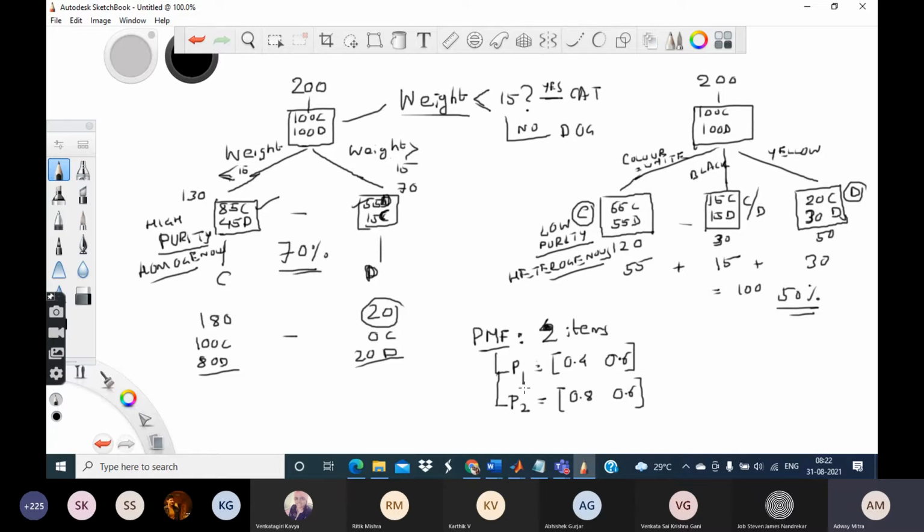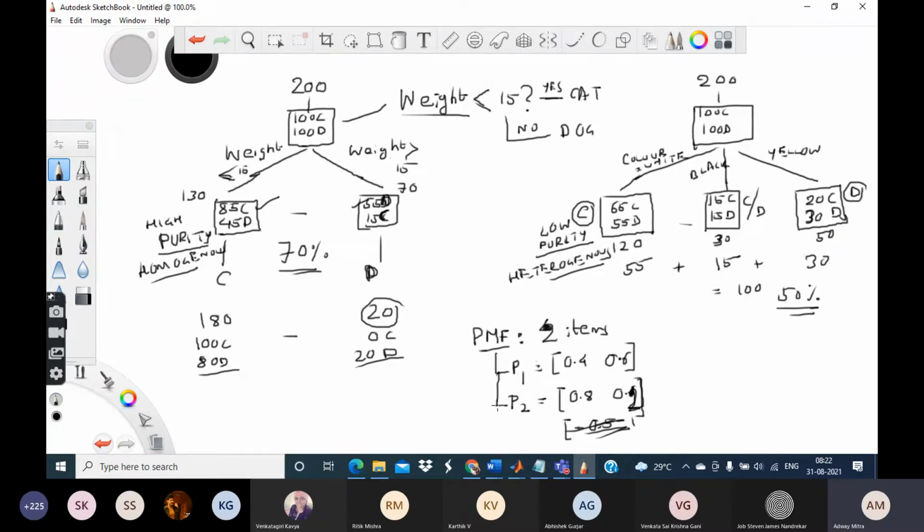As someone already said, the sum of the different probabilities has to be equal to 1. And what is the other condition? Between 0 and 1. Right. Each probability has to be between 0 and 1. So I'll make it 0.8 and 0.2.